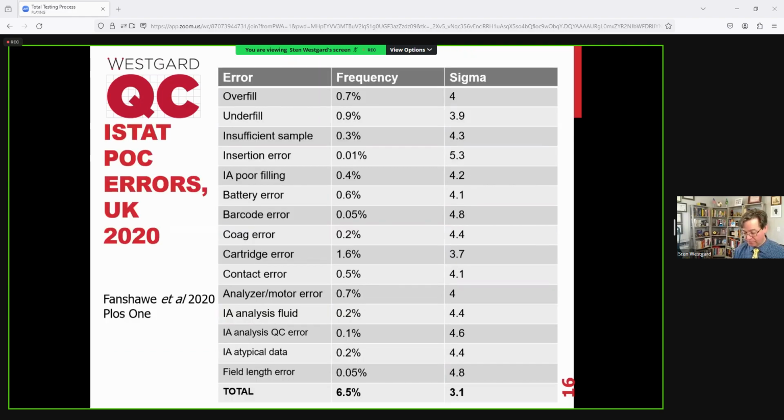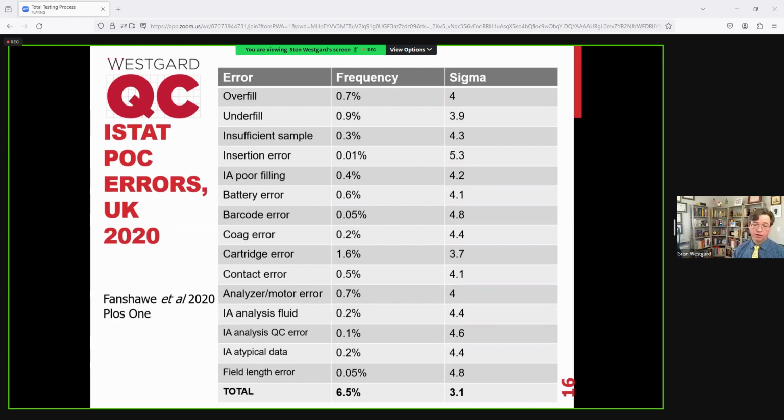Here's something from the United Kingdom. This is a point of care device and the different kinds of errors that occur. Is the sample being overfilled or underfilled? Is there enough of the sample? Are there problems with the batteries, the barcodes, the cartridge, the analyzer and motor?